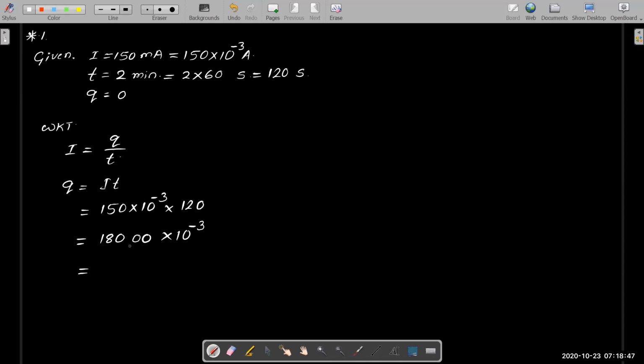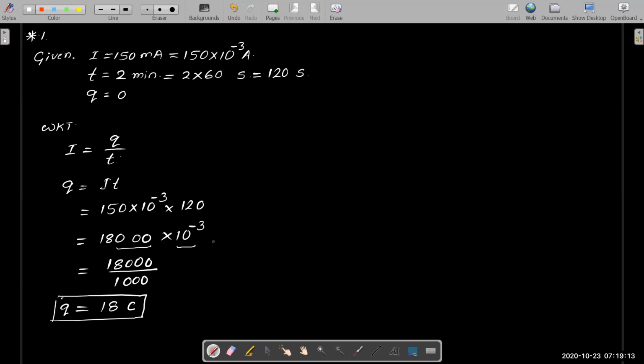So these three zeros are adjusted for 10 raised to minus 3, because 10 raised to minus 3 is nothing but 1 divided by 1000. Hence three zeros are cancelled. Then finally 18 coulomb will be the amount of charge which flows through the circuit.